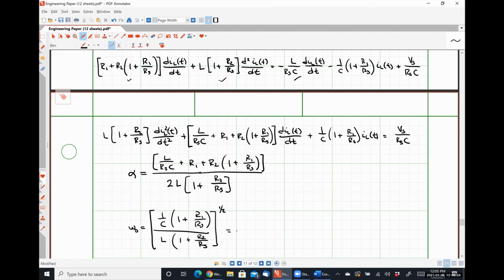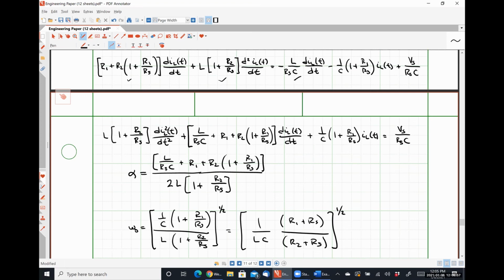Just for the sake of argument, I'm going to show you guys something. We're going to have omega naught equal to 1 over the square root of LC, just multiplied by a scaling factor, if I did my math right.